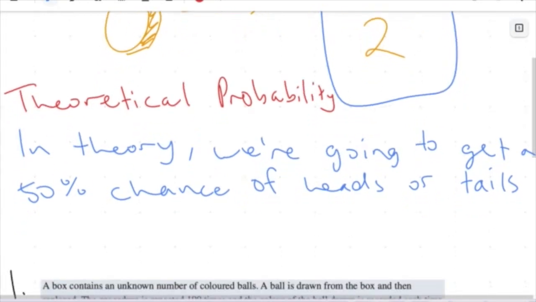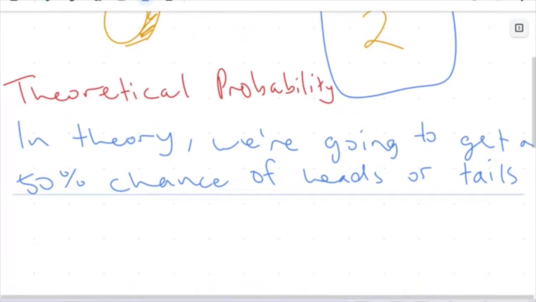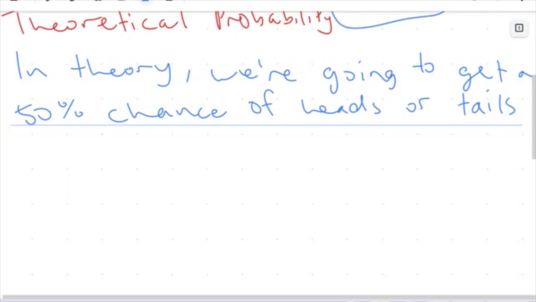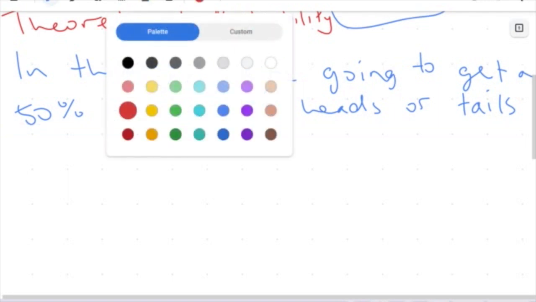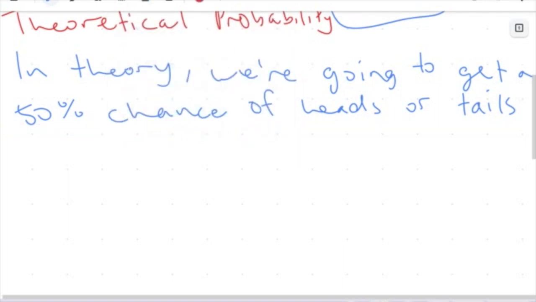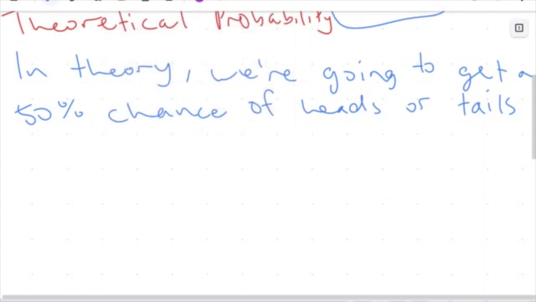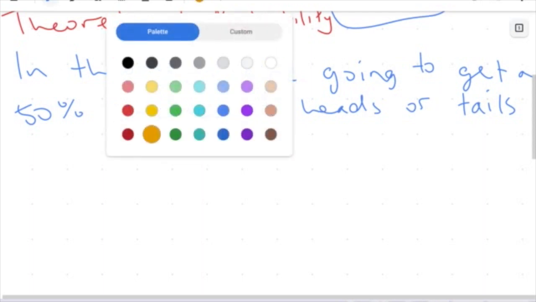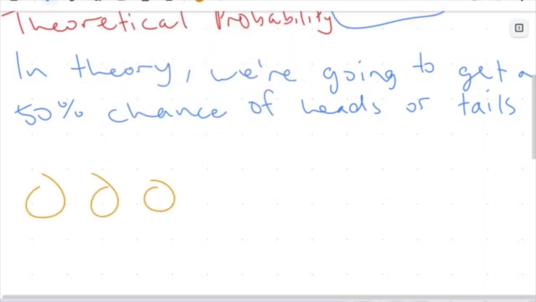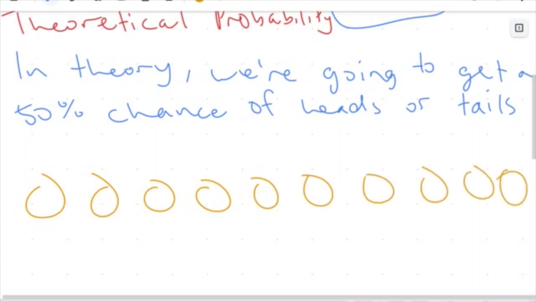So in theory, judging by this 1/2 probability idea, or this 50% chance, if we flipped 10 coins, so 1, 2, 3, 4, 5, 6, 7, 8, 9, 10, what our theoretical probability tells us is that half of these are going to be heads.